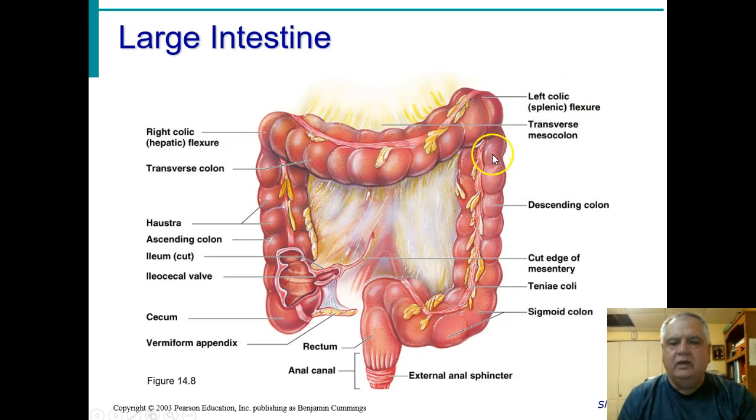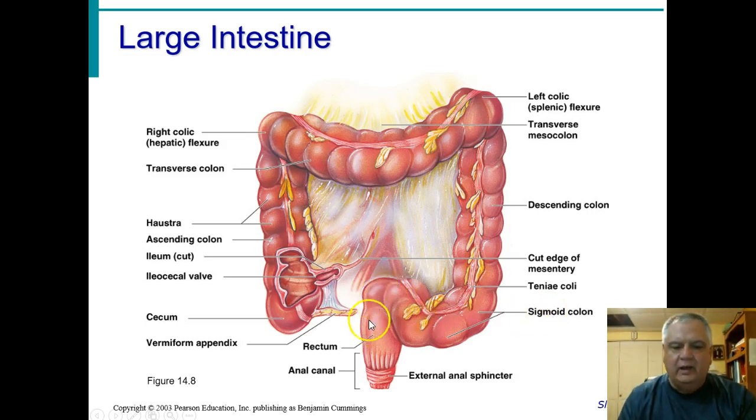And then the large intestine runs down the left side of the abdominal wall and is referred to as the descending colon. Then we can see where it forms this S-shaped turn that allows it to get back inside the pelvis. This is referred to as the sigmoid colon.